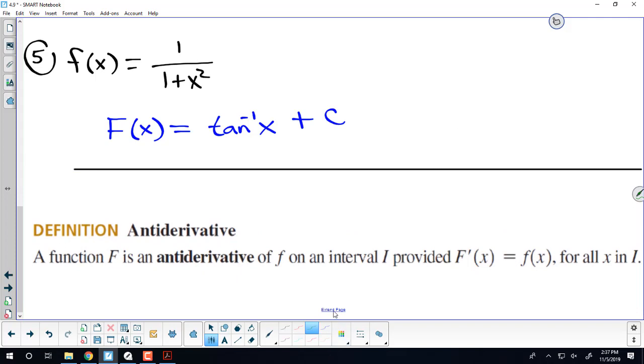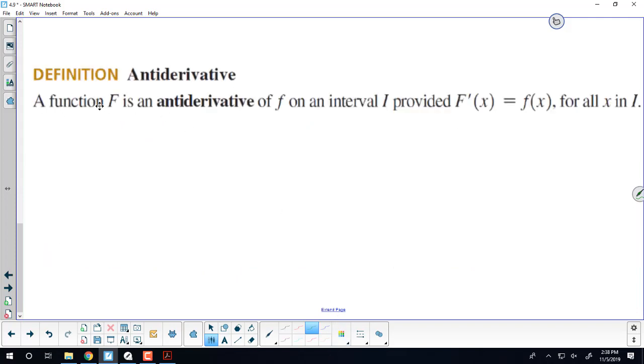So the definition of an antiderivative is a function, capital F, is an antiderivative of whatever function we're given, provided that the derivative of capital F is f of x.